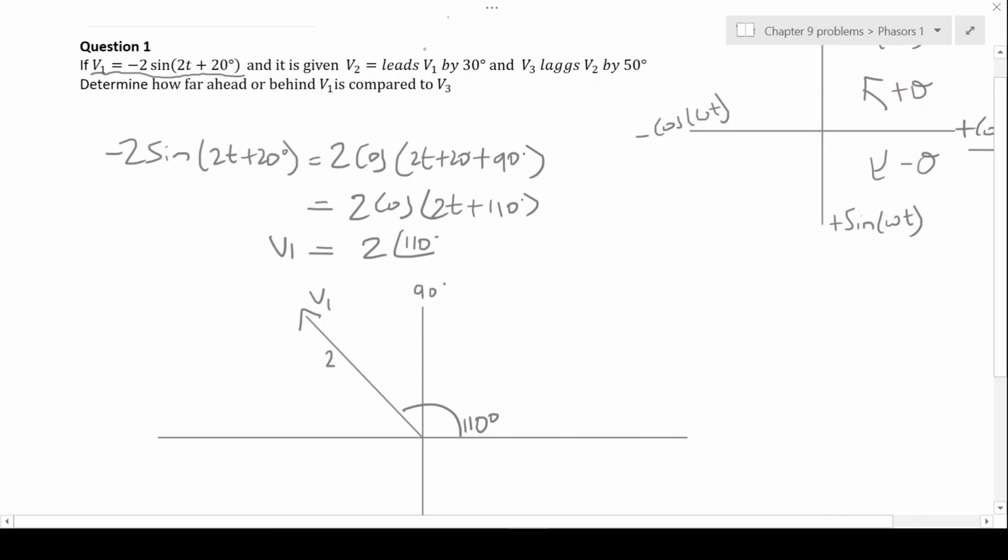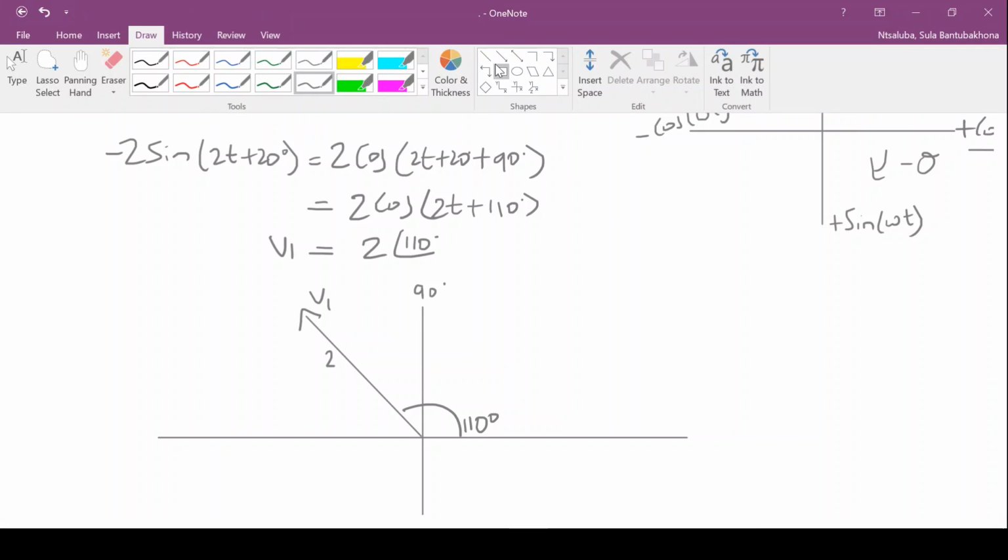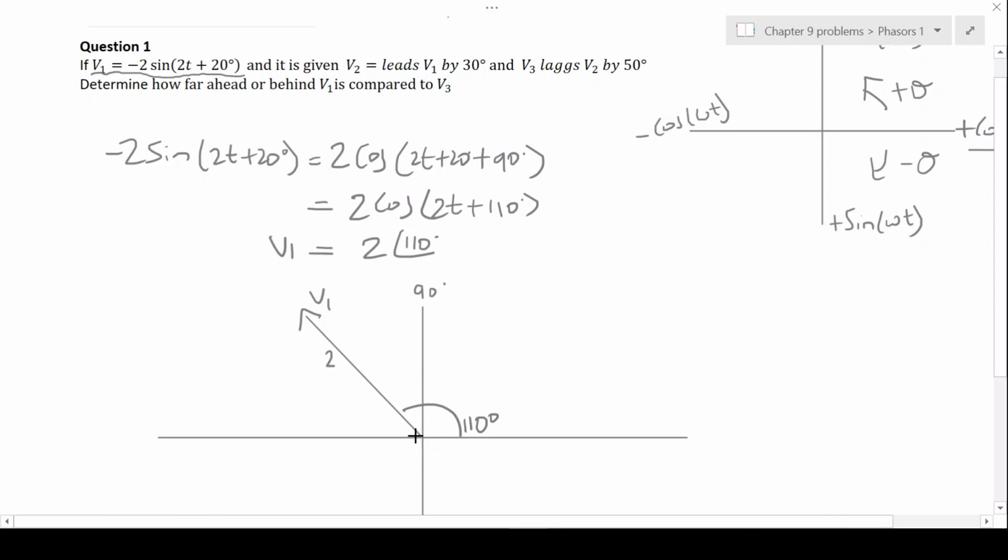So perhaps we can just do that again. So let's put V2 there somewhere. Right. So this will now be V2, which leads V1 by 30 degrees.